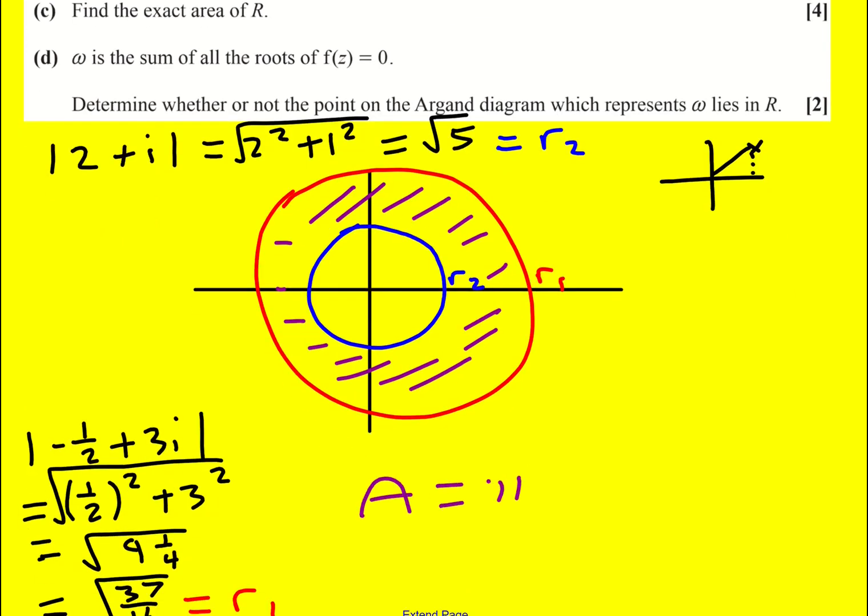It's going to be pi times, I'm going to stick with 9 1/4, pi times the root of 9 1/4 squared, which is just 9 1/4, minus pi times root 5 squared, which is just 5. So I'm going to get 4.25. I'm going to write it as a decimal now, pi. And that's my exact answer.